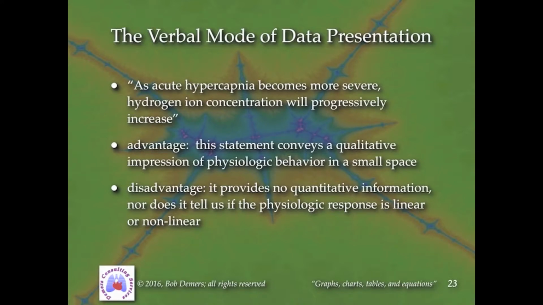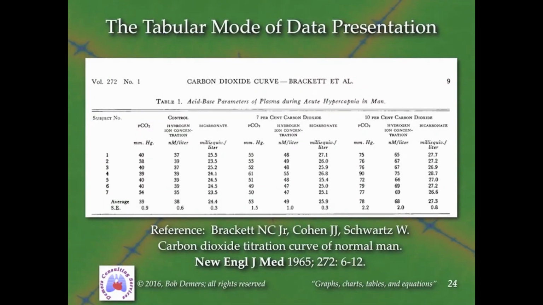The verbal mode is used to describe the interaction between carbon dioxide tension and hydrogen ion concentration in arterial blood. Next, the tabular representation of this interdependency is demonstrated by means of a table published in a classic monograph by Dr. Newton Brackett and his research team.